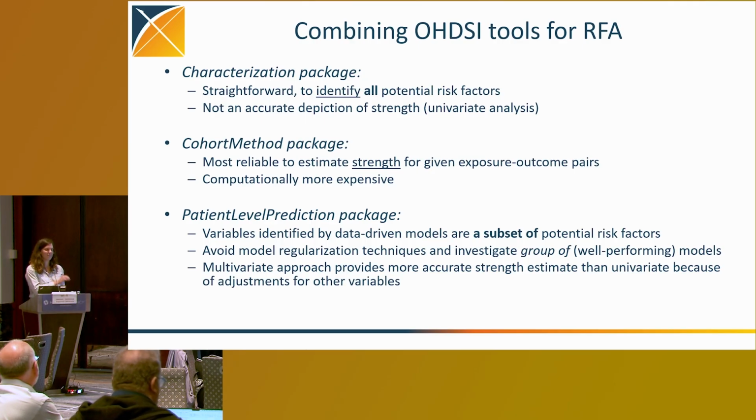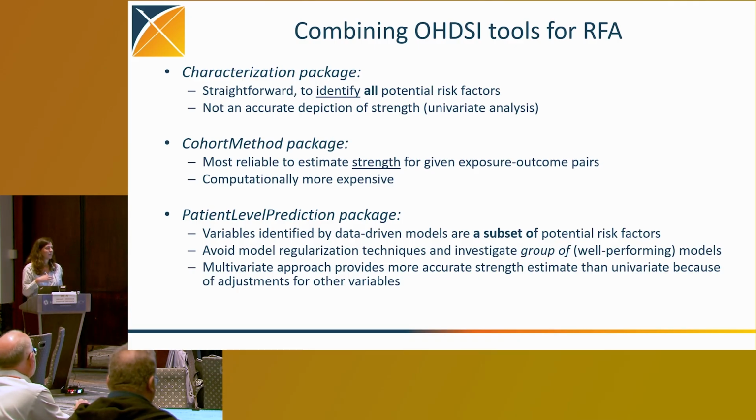So that is the takeaway for the patient level prediction package. And specifically, this subset might be less reliable when you use more model regularization. So for example, in LASSO, you're also penalizing variables to not be included in your model. So those might be additional effects that might cause this subset to differ even more.